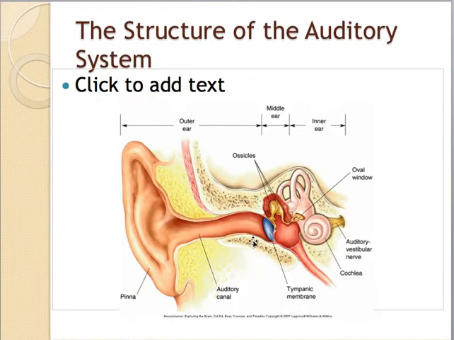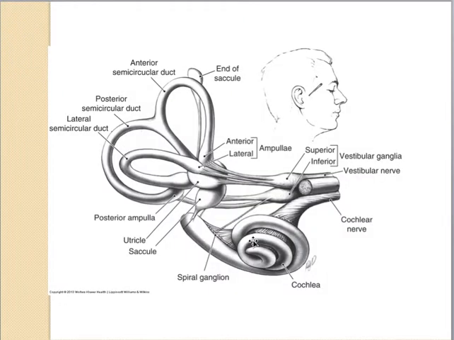Okay, so slide 5, what I want you to focus on is understanding the structure of the auditory system. What are the components of the auditory system? All right, and so this is in slide 6, be able to differentiate between the vestibular system and auditory system. The cochlea is associated with the auditory system.